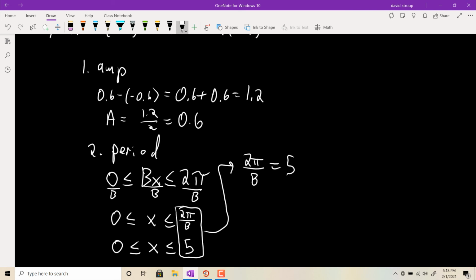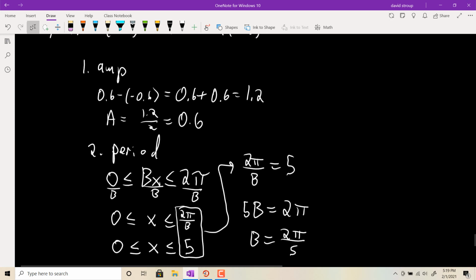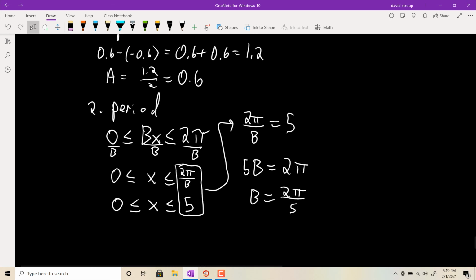We multiply both sides by b and divide both sides by 5, so 5b equals 2 pi, and b will be 2 pi over 5. We don't need anything else. We just needed the a and b values. So our model will be y equals 0.6 sine of 2 pi over 5 x.